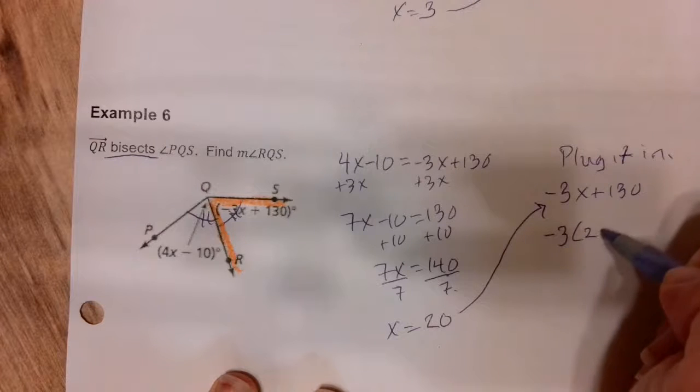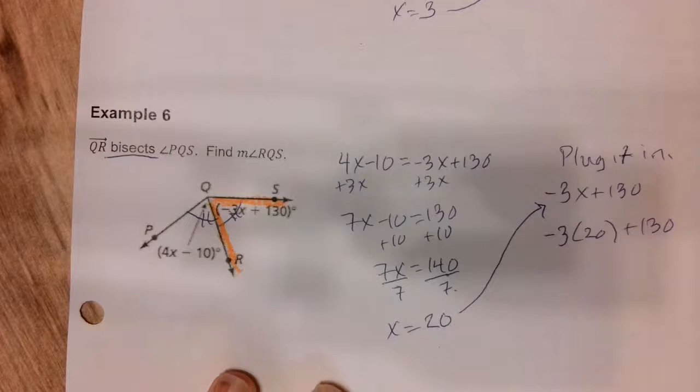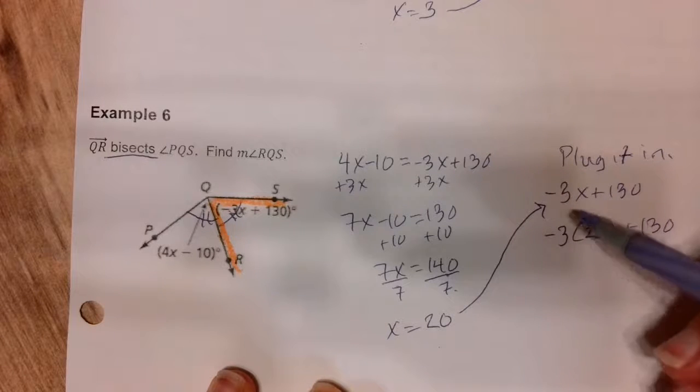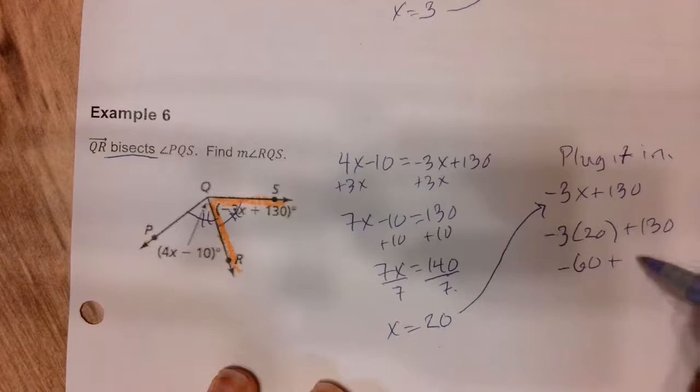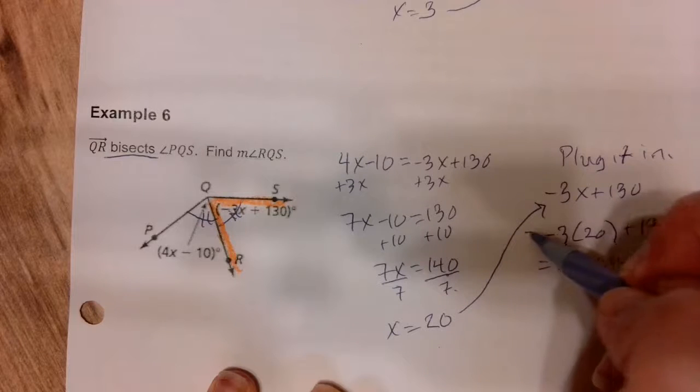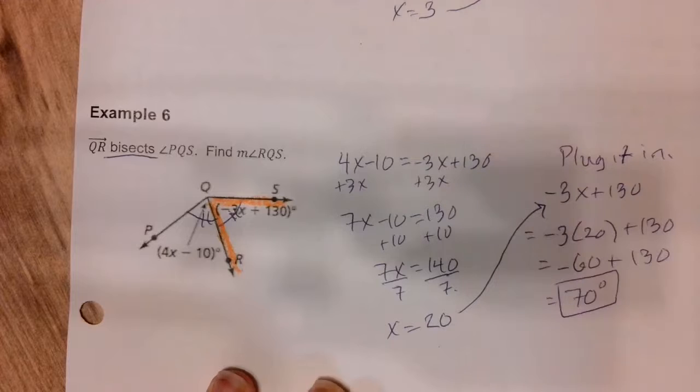Negative 3 times 20 plus 130. Order of operations, do the multiplication first. 3 times 20 is 60, so it's negative 60 because of the negative sign, plus 130. 70 degrees.